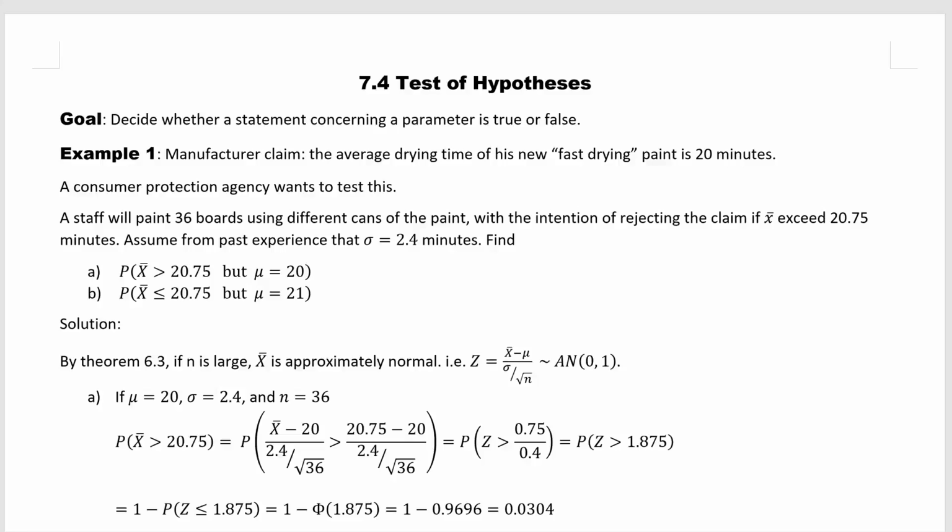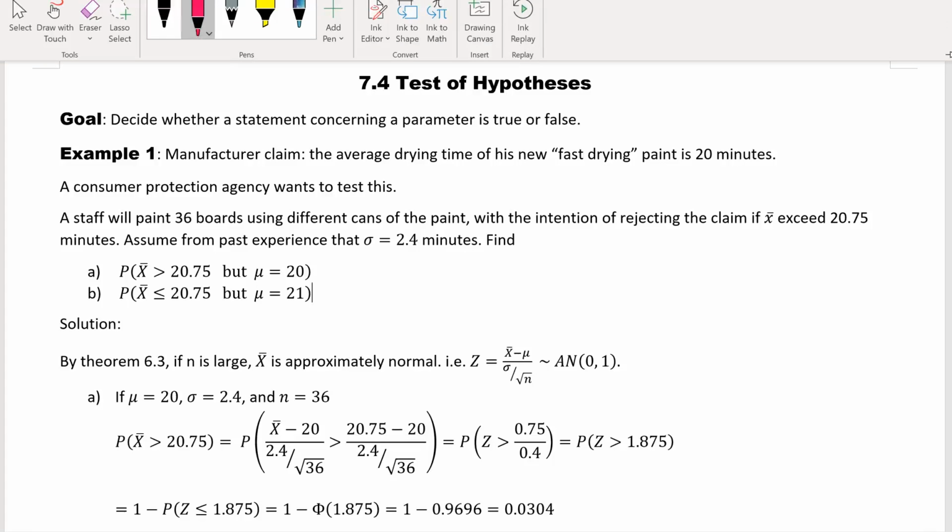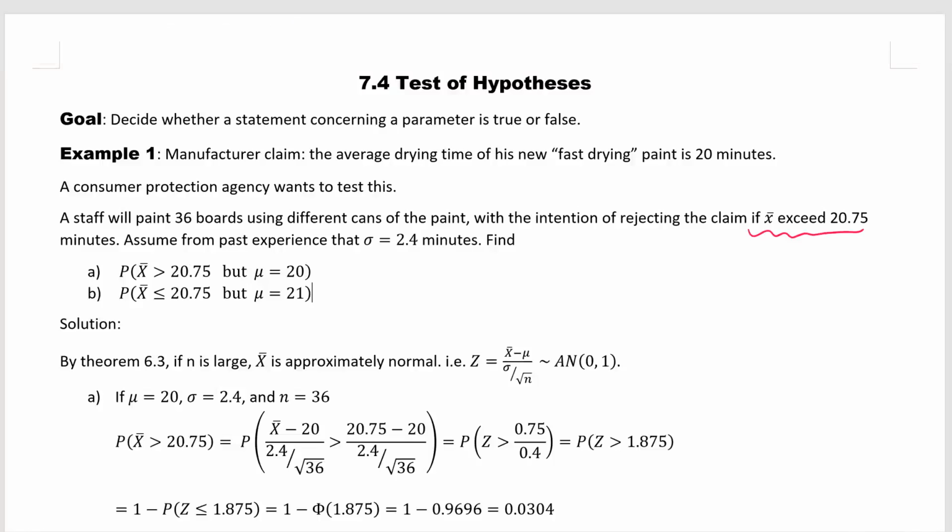We paint 36 boards, and this is the criterion when we reject the claim. We reject the claim if the sample mean exceeds 20.75, because he claimed that it's 20. So this is our criterion. You can also make the criterion to be maybe exceed 20.5, and we can reject it. So you can make a criterion.